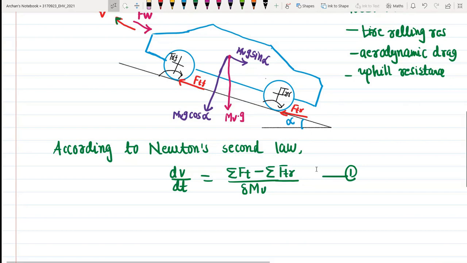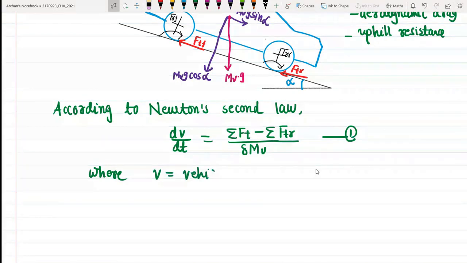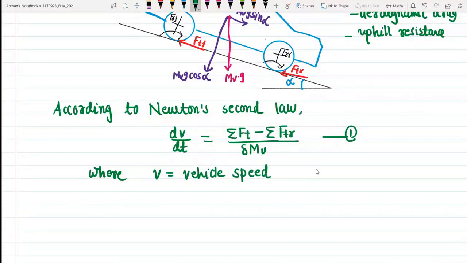Here, v is nothing but the vehicle speed. Sigma Ft is the total tractive effort.